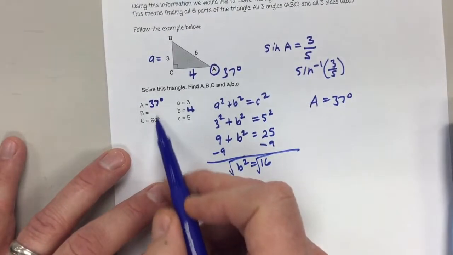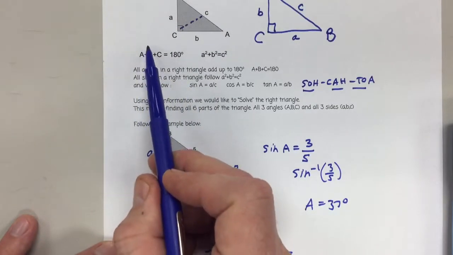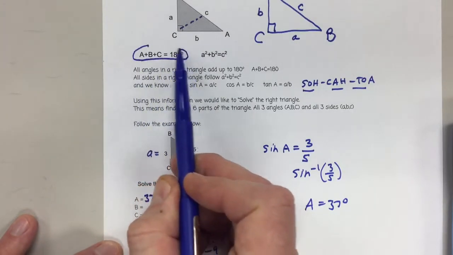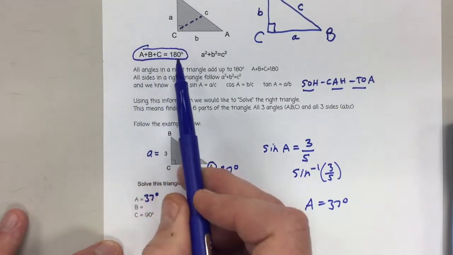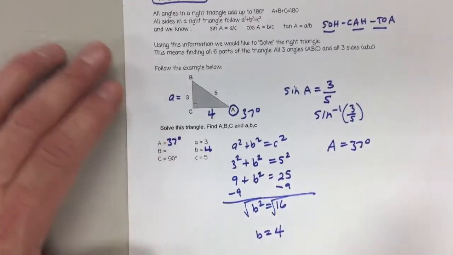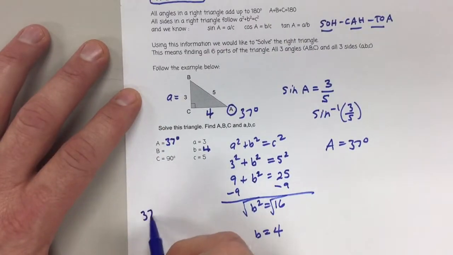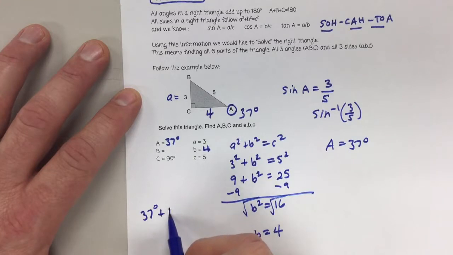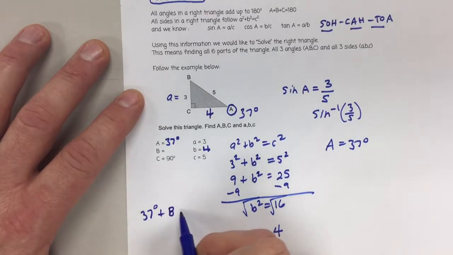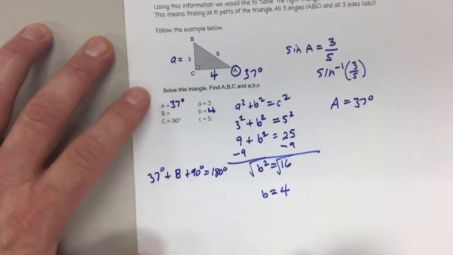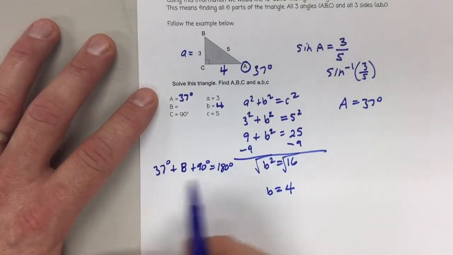Now, once you have two angles, I can use this equation up here, that the three angles have to add up to 180. So I can say, all right, 37 plus B, which I don't know what that is, plus 90 has to be 180. So what I would do is add 37 and 90.